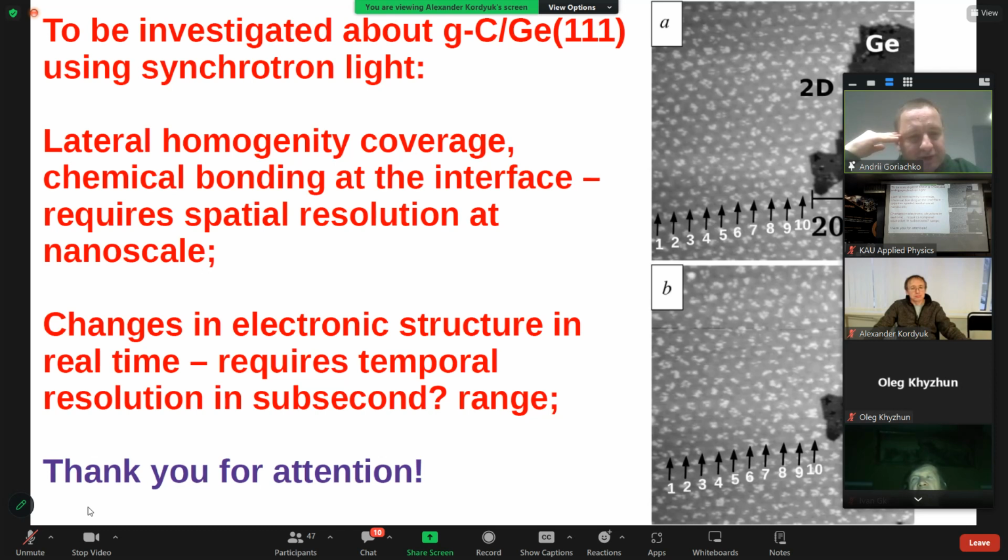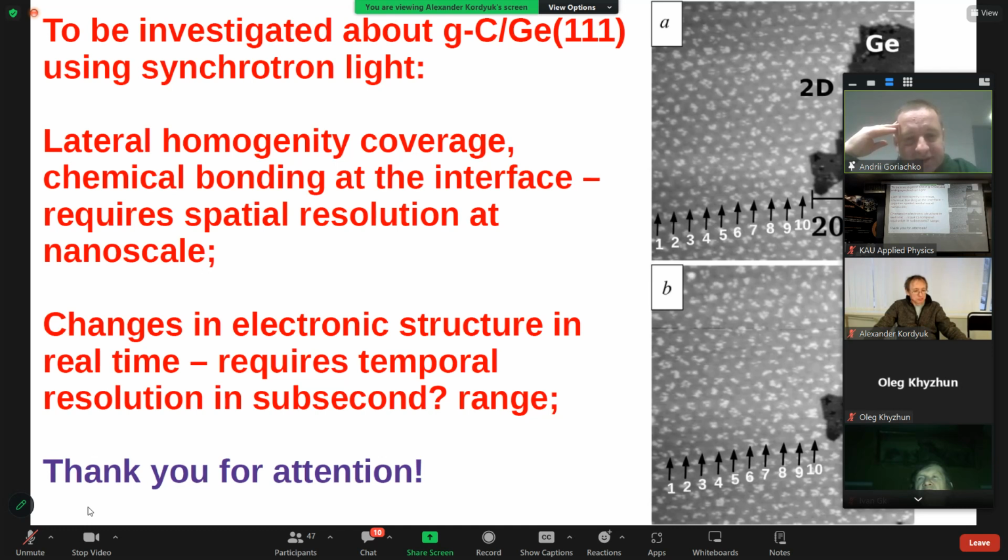And of course, ultraviolet photoelectron spectroscopy. As you can see in these two images, a big graphene flake is situated on the germanium substrate, again partially covered. The STM image changes in real time. That is, it differs when you observe it from one image to the other.